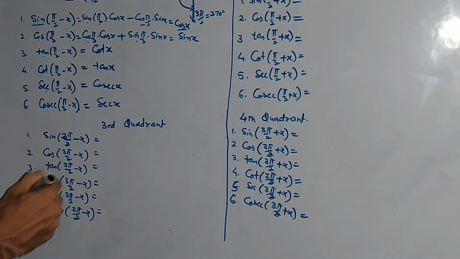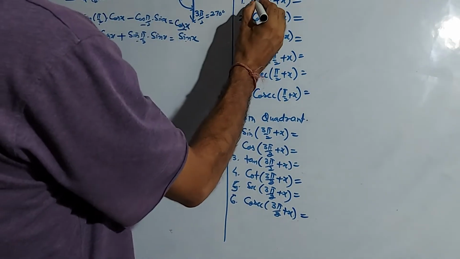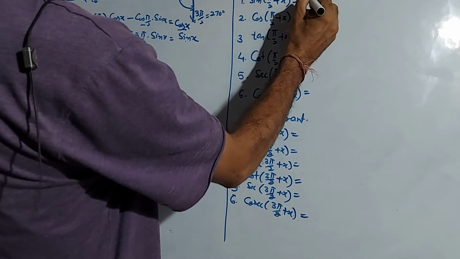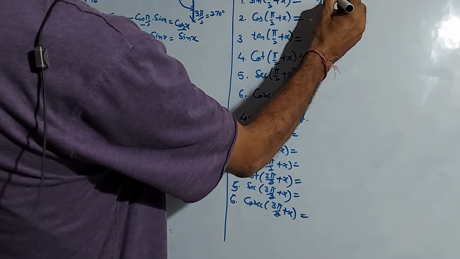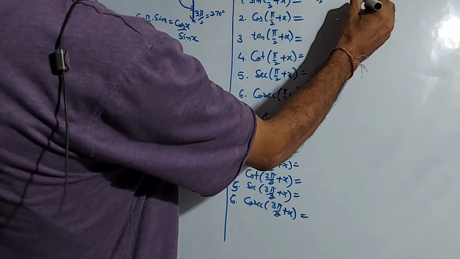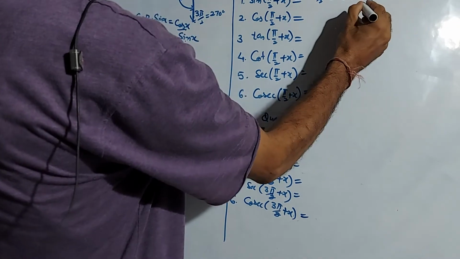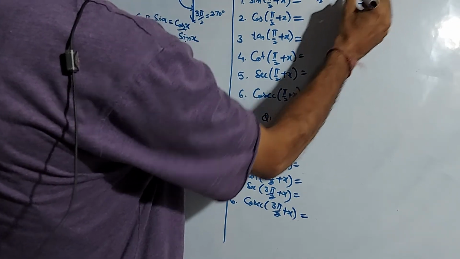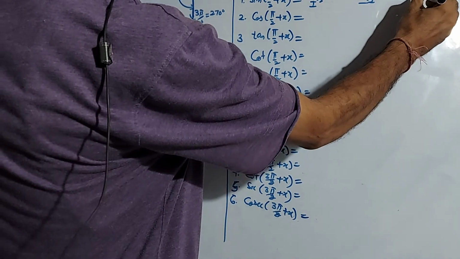Now see, in the second quadrant, we can use the formula sine(x plus y), meaning sine pi by 2 into cos x plus cos pi by 2 into sine x. This is 0, this is 1, so the value is cos x.